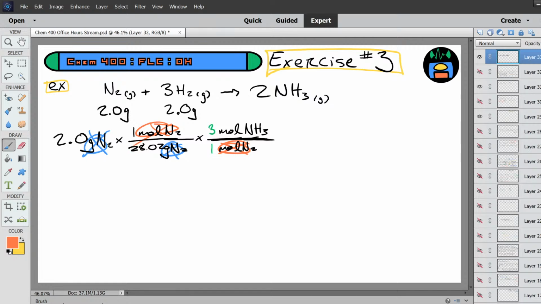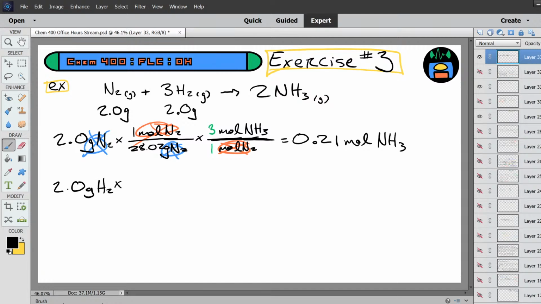We have 2 divided by 28.02 times 3 gives us 0.21 moles of ammonia. This is only useful in that it'll tell us what our limiting reactant is and what our excess reactant is.